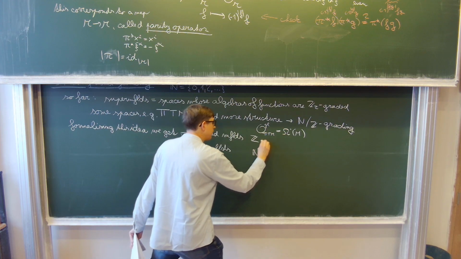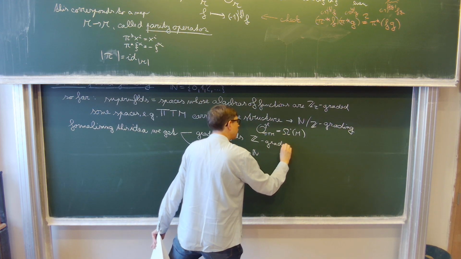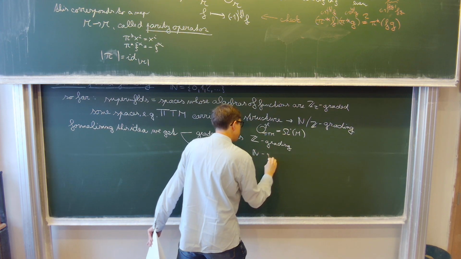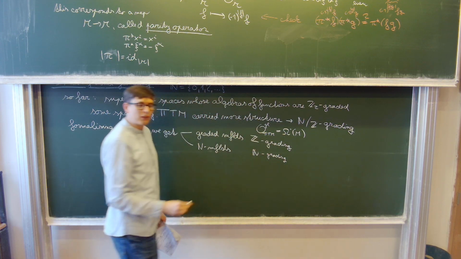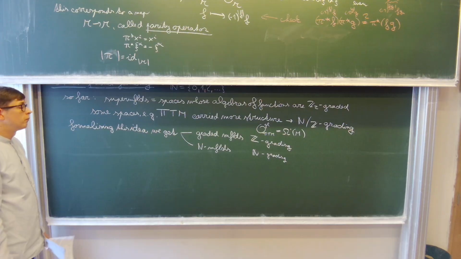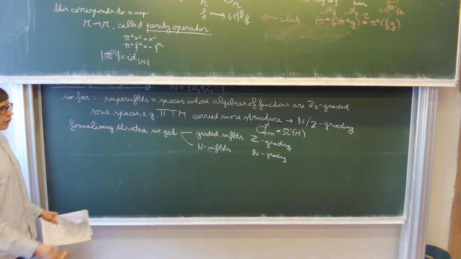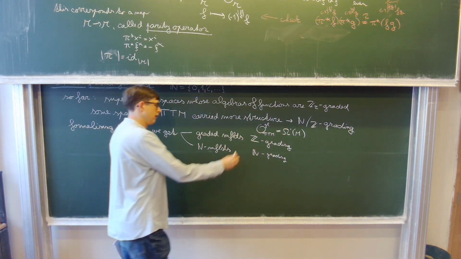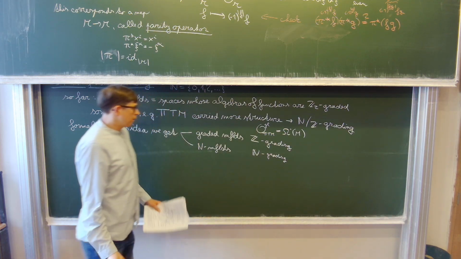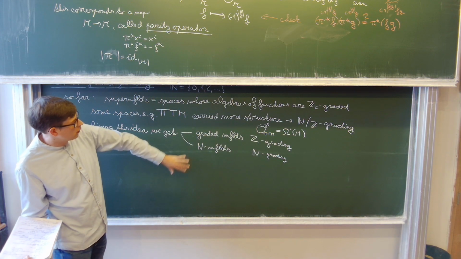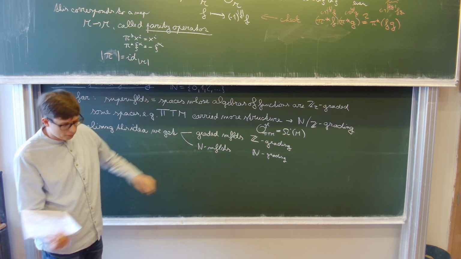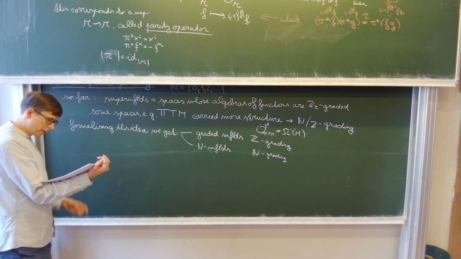This thing will have n grading. They sound similar in spirit, but they're kind of different in spirit. The Z grading is also important, but for now we will focus on the n manifold approach.